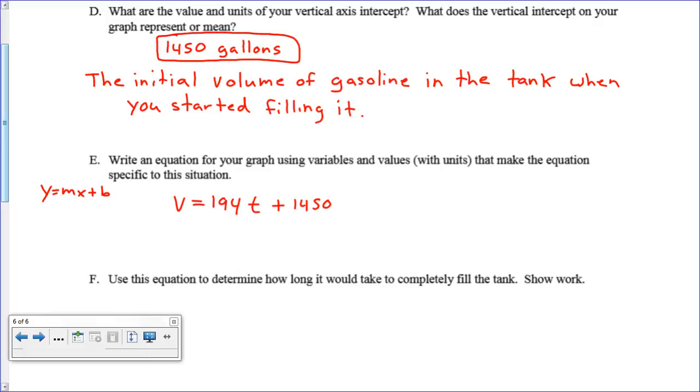All right, and then making a key for this, we're going to say V equals volume in gallons, and that T equals time in minutes.